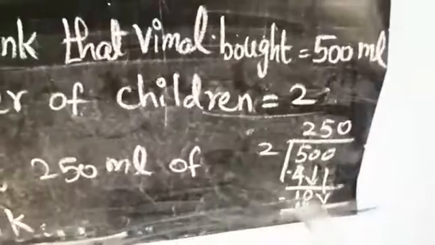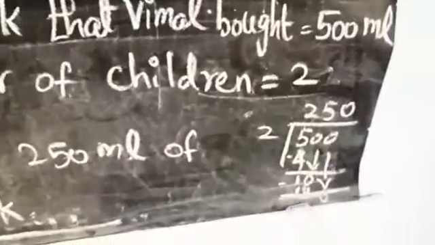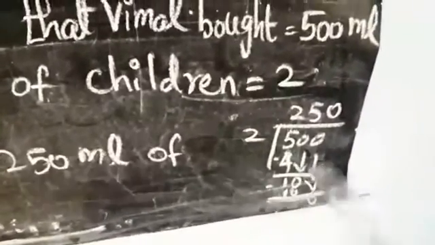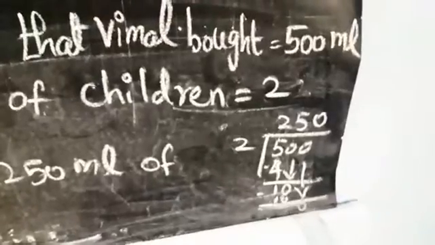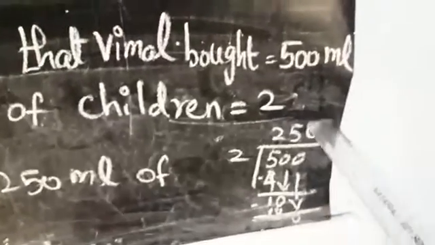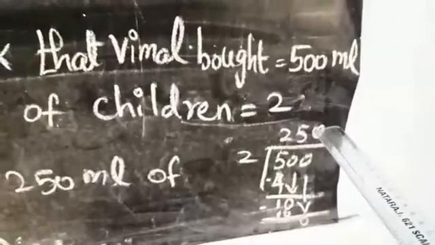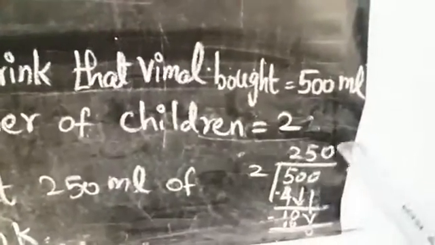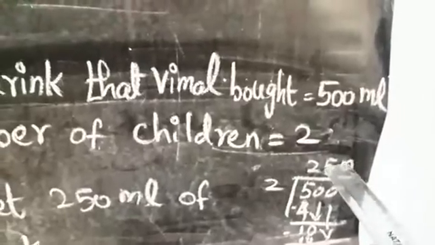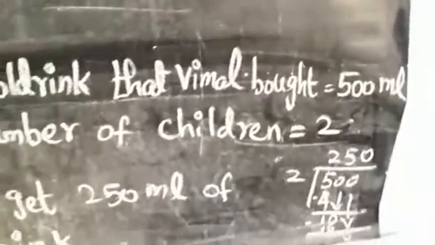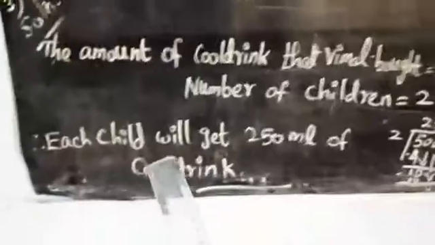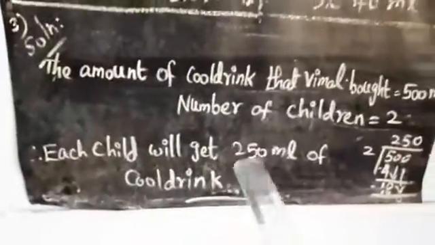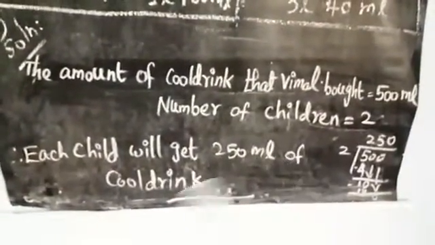Then how many 2s are 10? 5 2s are 10. 10 minus 10, 0. Now bring down the 0. Here 0 comes, remainder 0, so you write a 0 in quotient also. Therefore each child will get 250 milliliter of cool drink.